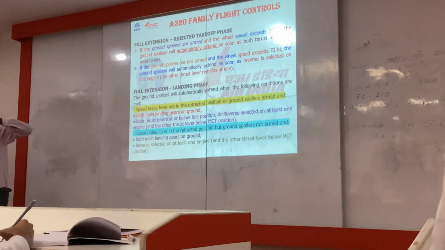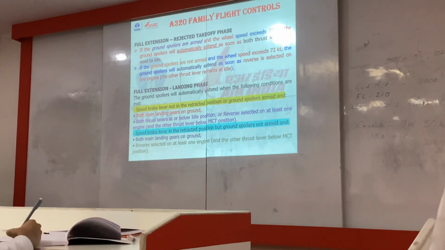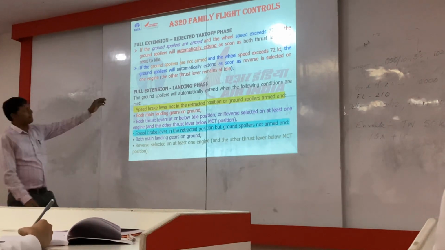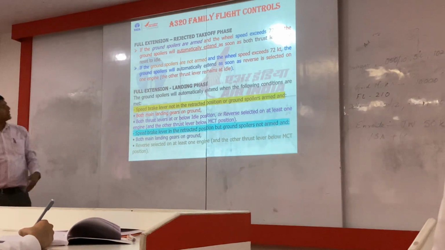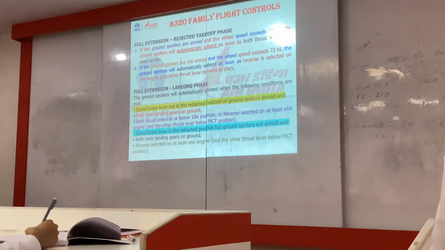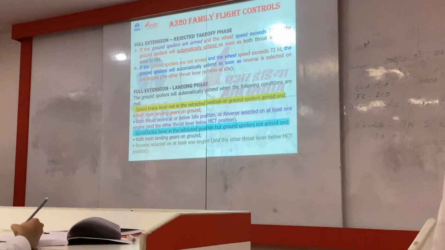If the ground spoilers are not armed, by chance the pilot has forgotten, still the protection is made available. How? The ground spoiler will automatically extend as soon as reverse is selected on one engine, while the other thrust lever remains at idle. So the moment reverse is selected on one engine, that logic is there.